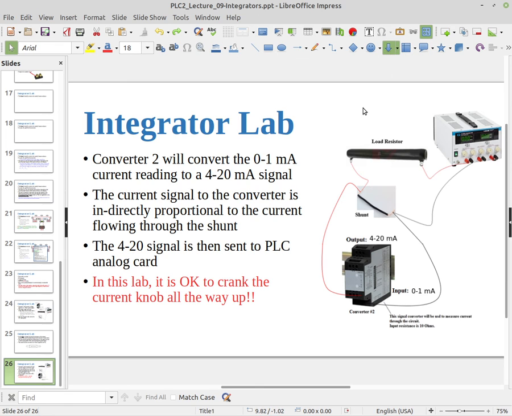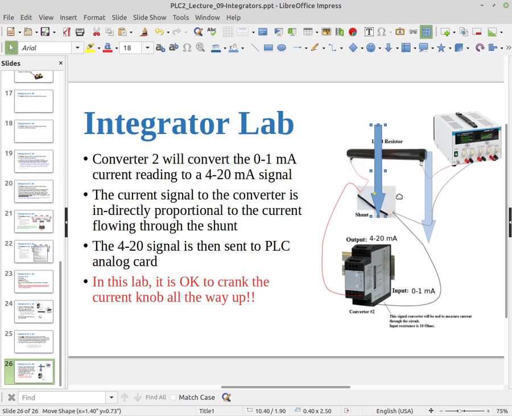So this here is actually a parallel connection. The shunt is in parallel with our ammeter. You see, here's the shunt, here's the ammeter.